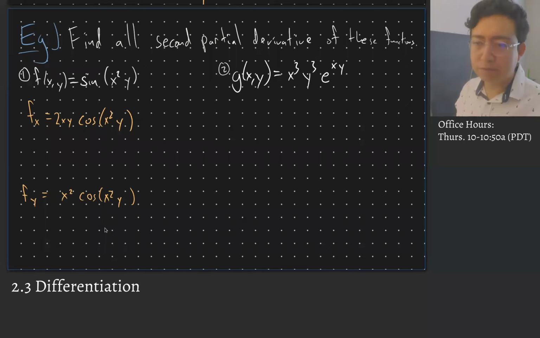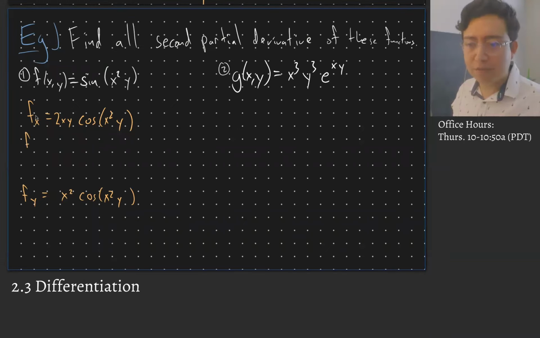Okay. So now we can take the derivative of this with respect to x or with respect to y. If we do the derivative of this with respect to x, the derivative is fxx. And there's a product rule that happens here.